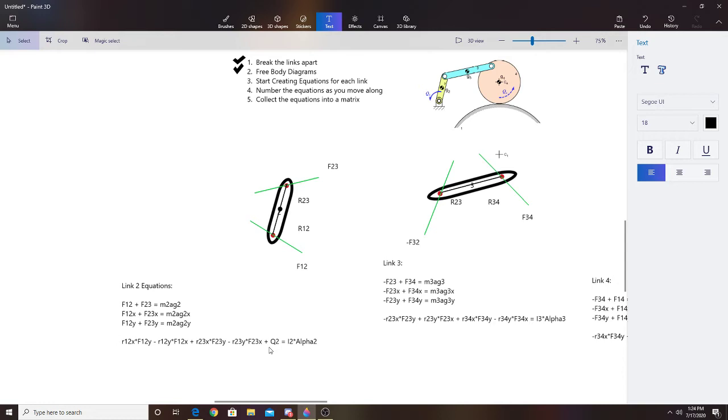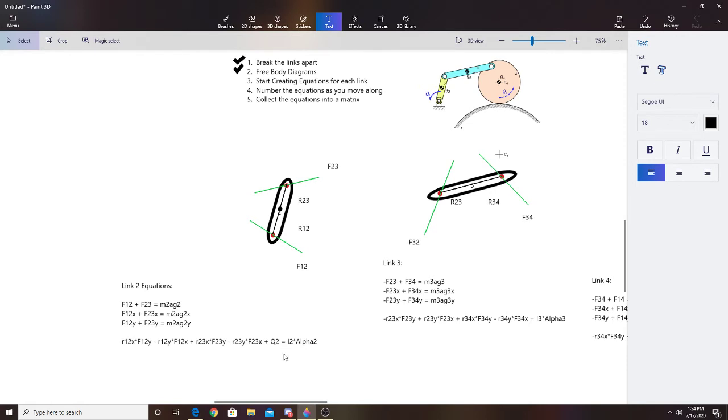But in previous versions of this same class, they would give you the output and tell you to find the input, and so the equation changes. You would put Q2 here, remember, because we've actually talked about this. I showed you the difference between finding Q2 and Q4. All it is is a simple rearranging of equations.